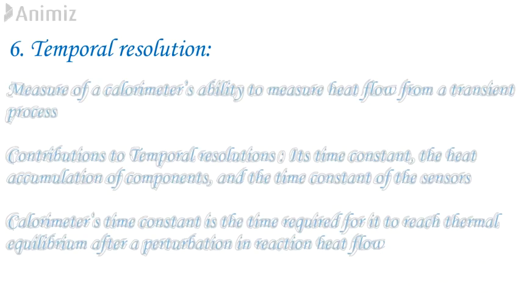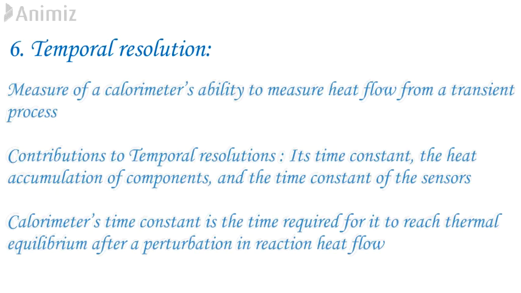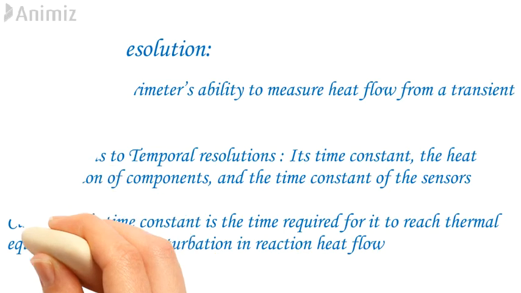Calorimetry's time constant is the time required for it to reach a thermal equilibrium after perturbation in reaction heat flow. Time constants of calorimeters are determined empirically from measuring the time for heat flow to stabilize after a known heat impulse has been applied from a known heat source such as a Joule heater. The time constant of the calorimeter must be known in order to interpret experimental data.